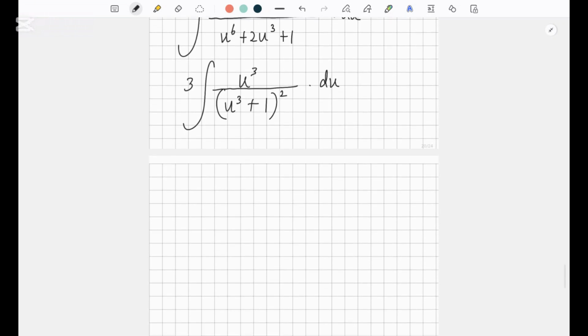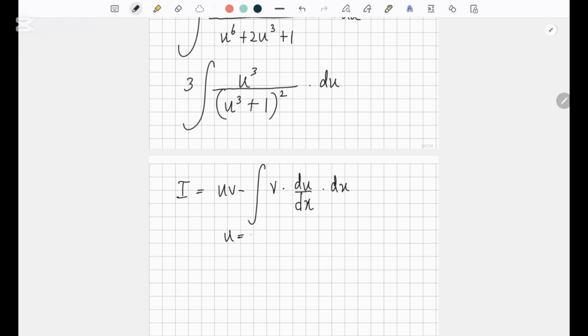Now the formula for integration by parts is uv minus the integration of v into du over dx dot dx, right? This is the formula for integration by parts. Now the formula has u and v, and the integration I have has u, so let me just change them into t.